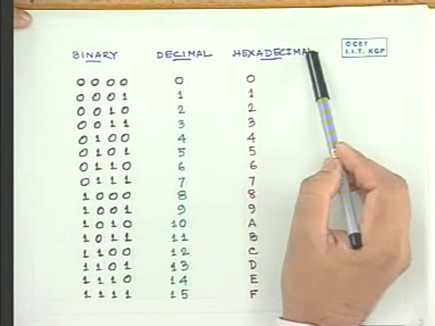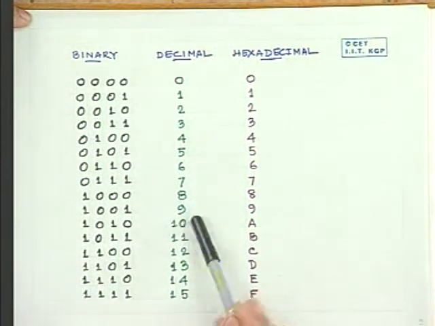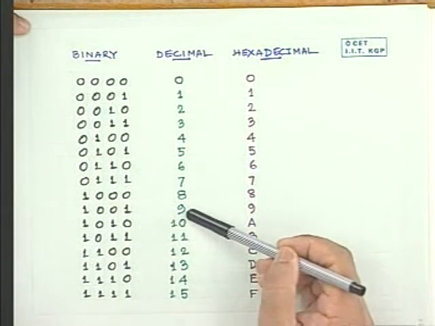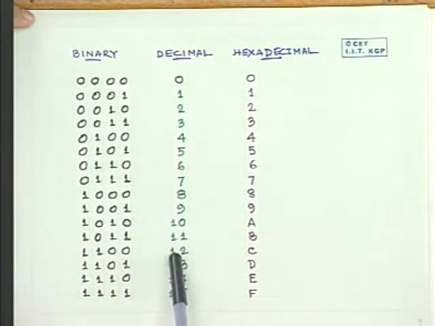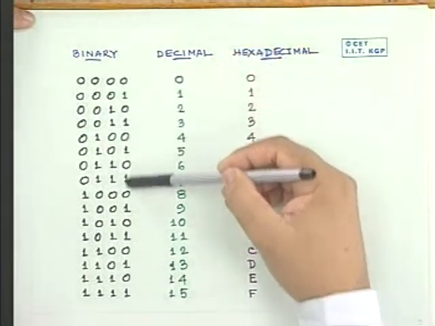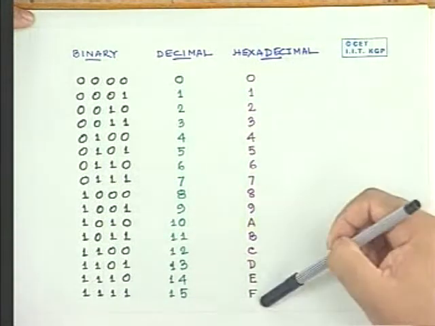Now, in the case of decimal, the problem is this: if I want to represent these 4 binary bits, after 9 I'll have to use 2 characters, which I do not want to permit and which is inconvenient. So I represent these 16 binary combinations by means of a hexadecimal character.